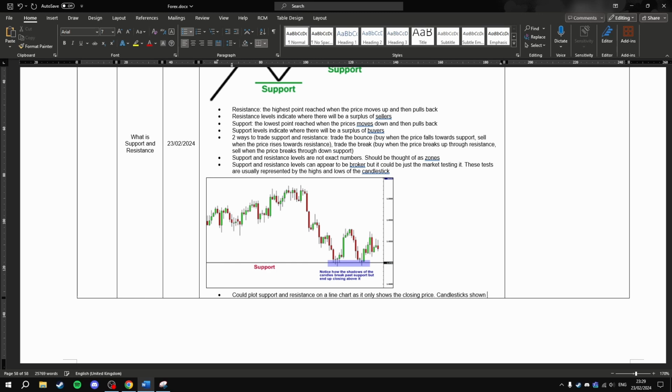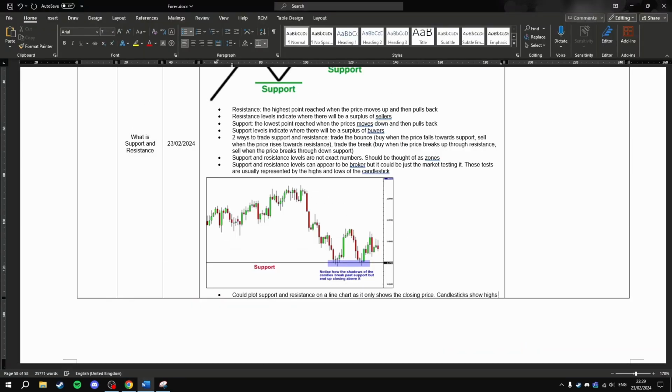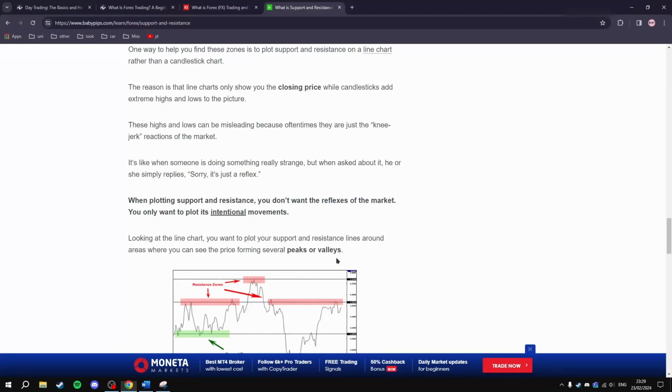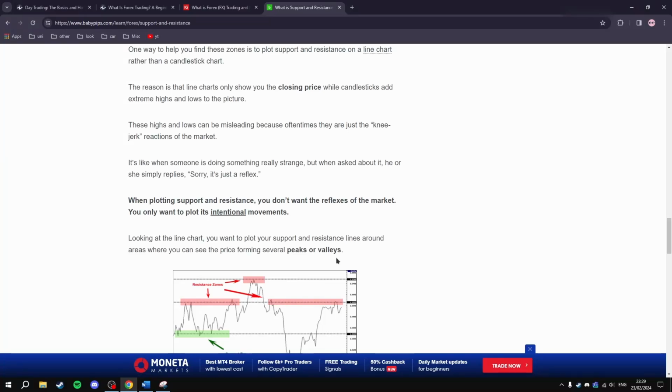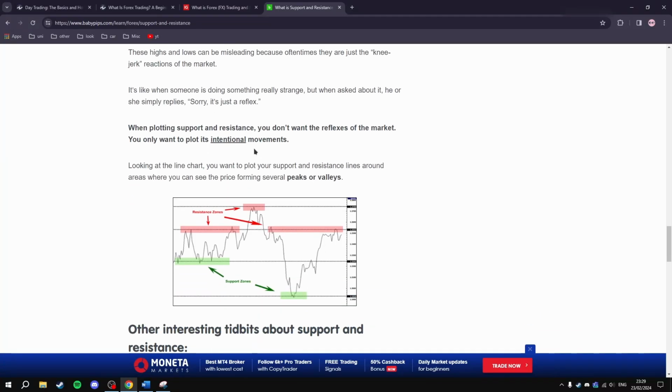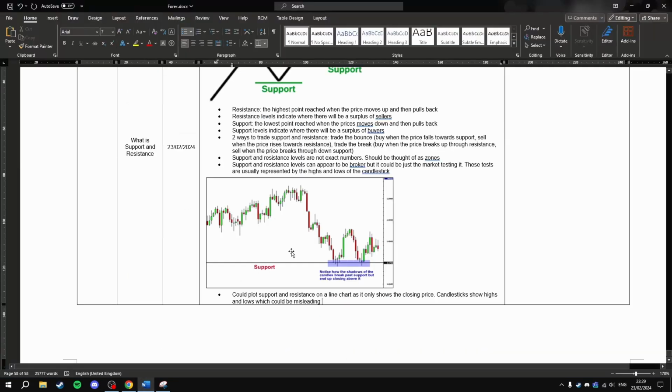Candlesticks show highs and lows, which could be misleading because oftentimes they're just knee-jerk reactions of the market. It's like when someone's doing something really strange, but when asked about it, he or she simply replies, sorry, it's just a reflex. When plotting support and resistance, you don't want the reflexes of the market, you only want to plot its intentional movements.